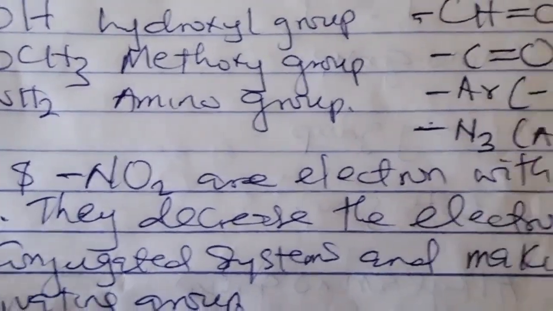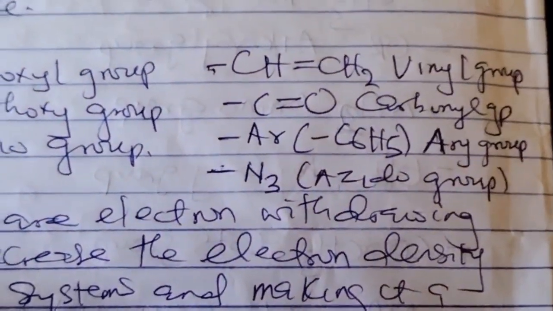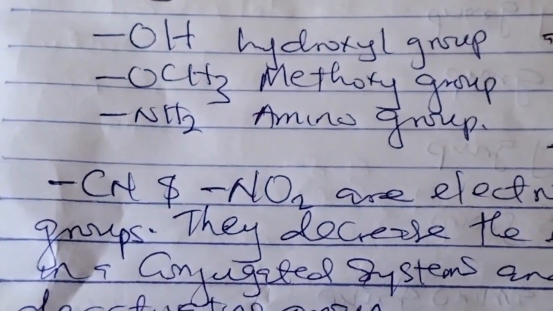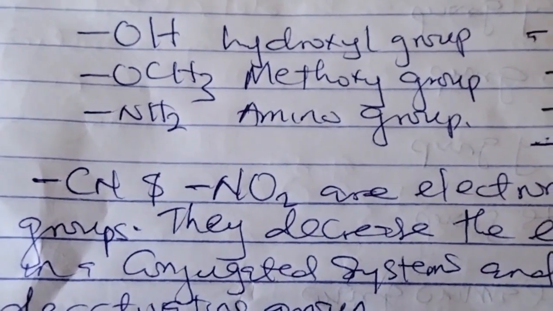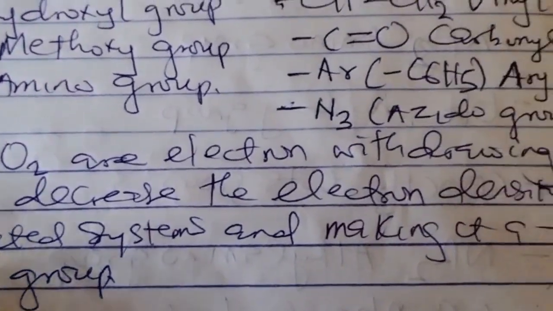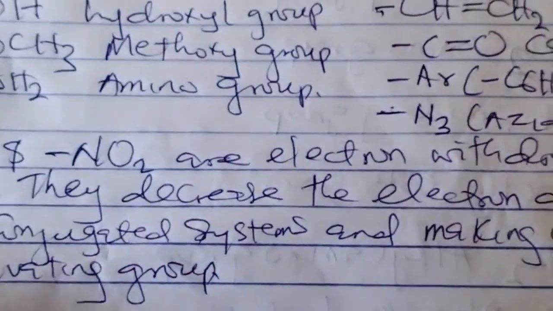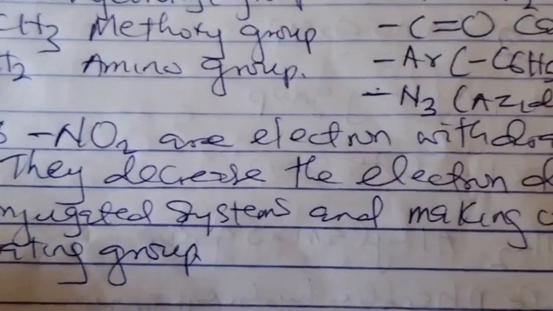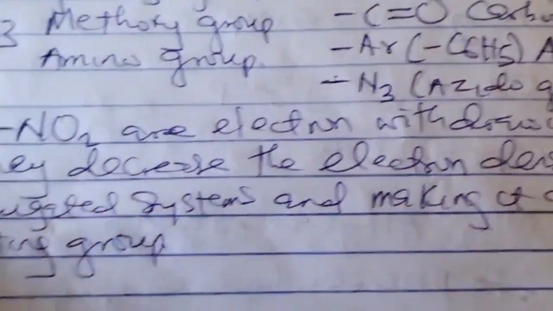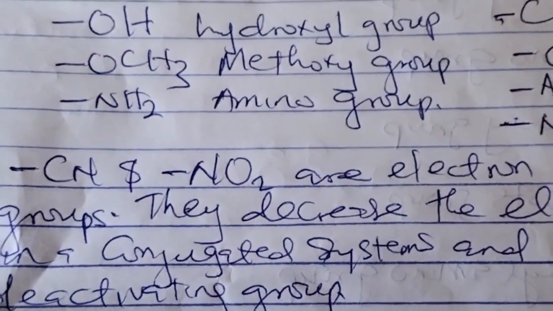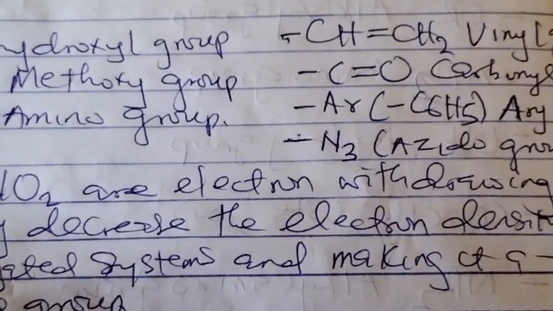Then we'll move on and say the cyano group, that's CN, and the nitro group are electron withdrawing groups. They exhibit negative inductive and negative mesomeric effect, M minus effect. So they decrease the electron density in a conjugated system, making it a deactivating group.